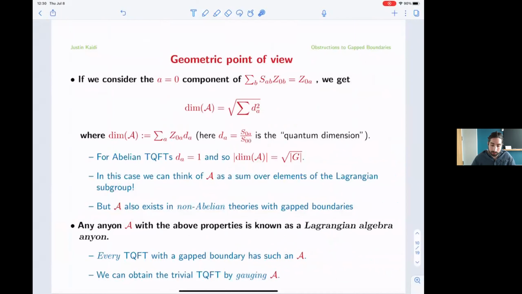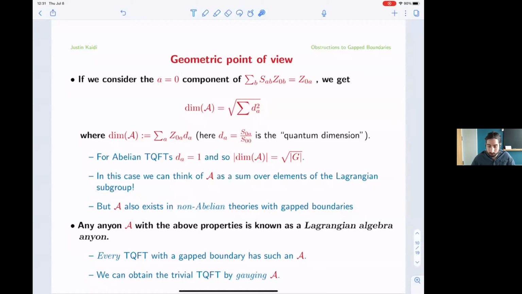This other fact just comes from the equation SZ = Z that we saw before. This is it in component form. If I take the A = 0 component of this, I end up getting an equation for the dimension of the A anion in terms of the quantum dimensions of the other anions in the theory.